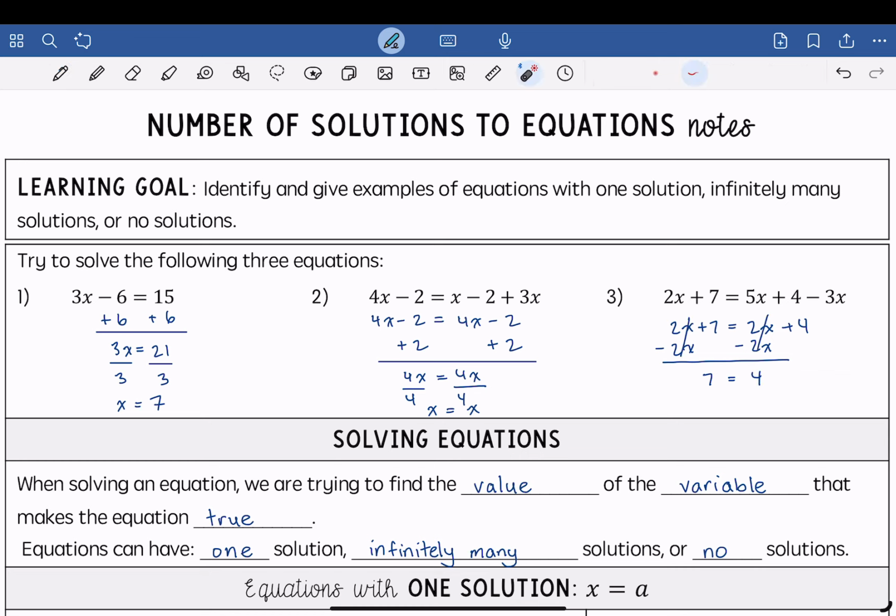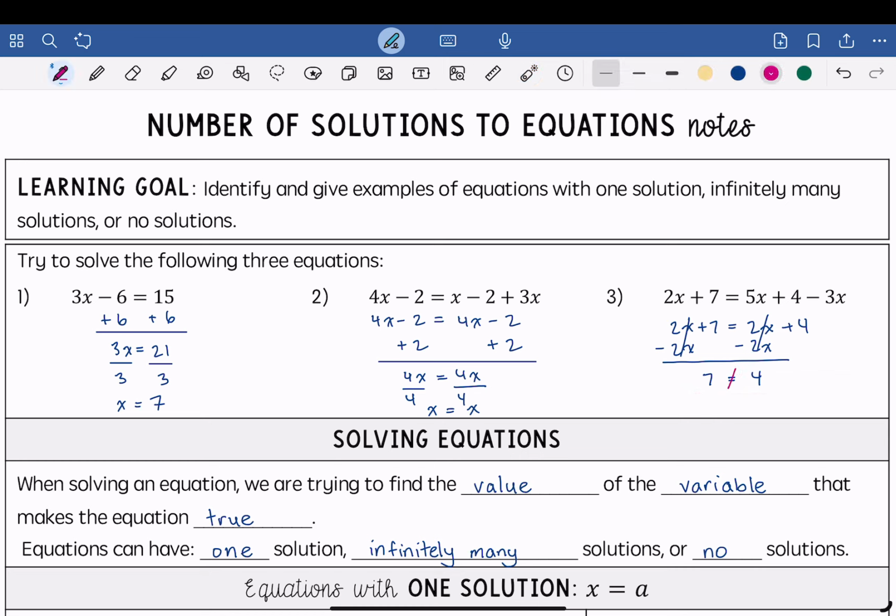So if we examine all 3 different solutions here, we have x is equal to 7, a specific number. Here we have x is equal to x. And then in question 3 we don't have any terms with an x value, but we have a number equal to a number. And we all know that 7 does not equal 4.